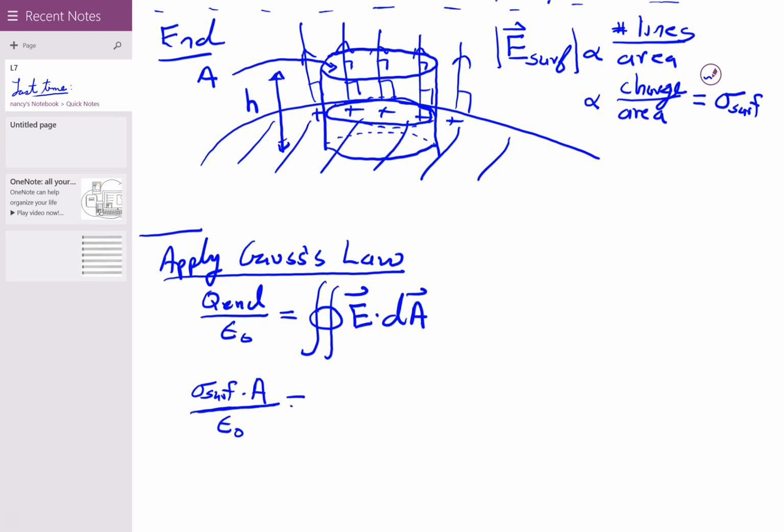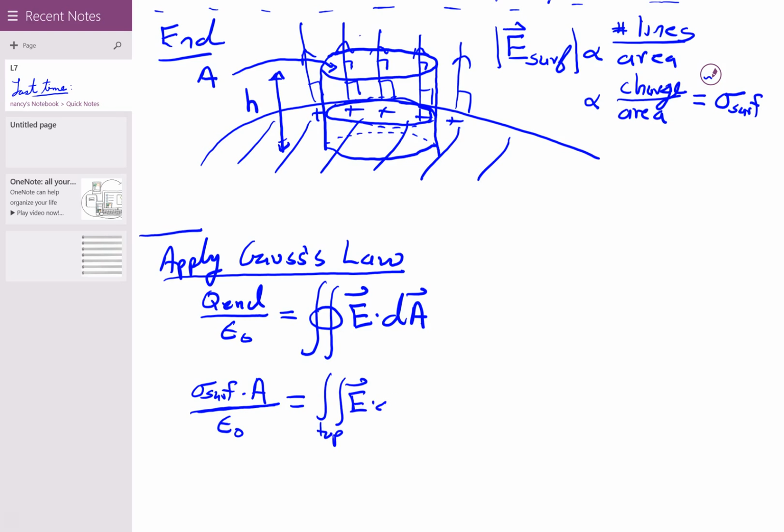And as you know, the best way to do this is to break it down into its component pieces of my surface. I've got different types of regions on the surface: the top and bottom of the can, and the sides of the can. So it's going to be the integral around the top of E dot dA.